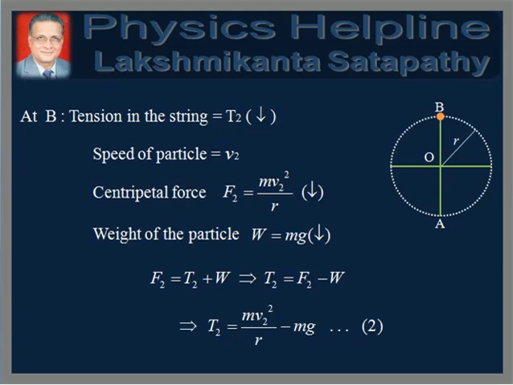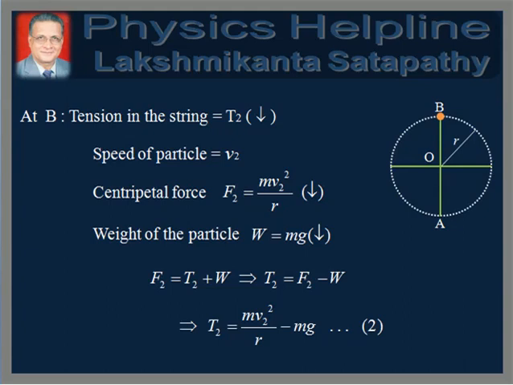Similarly, when the particle is at the highest point B, as shown in the figure, tension in the string is T2, which acts in the downward direction. If the speed of the particle at B is V2, then the centripetal force is given by F2 is equal to mv2 square by r, which acts in the downward direction.